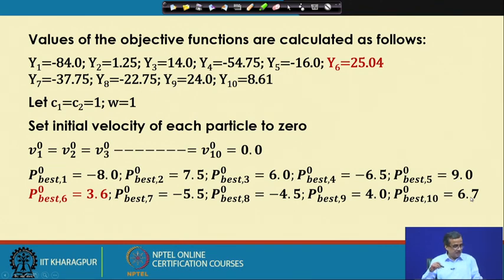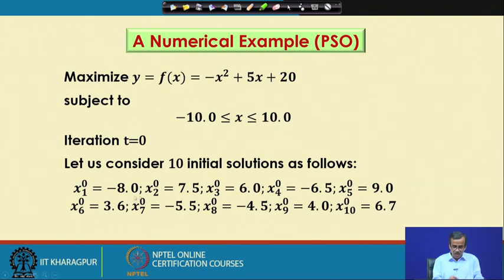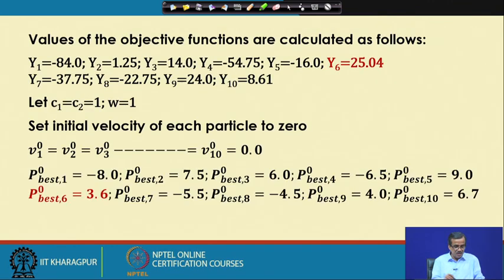Initially we assume these are the values of the design variable, but this is the starting point. So, we assign these as the pbest solutions.